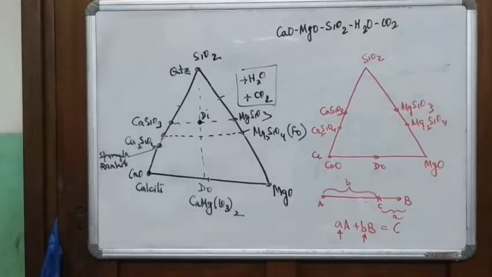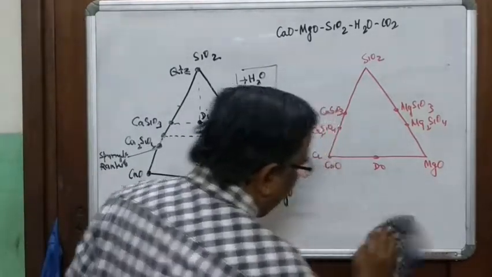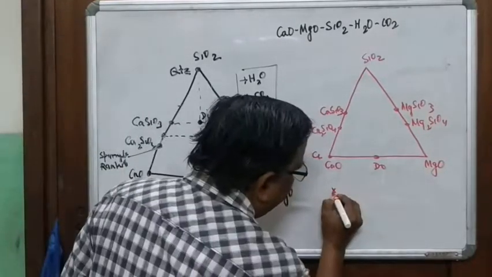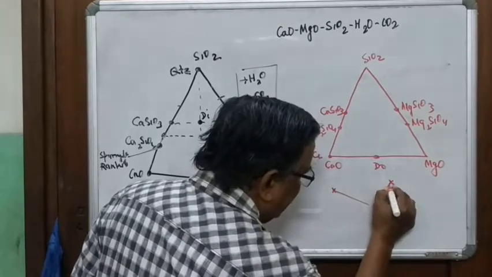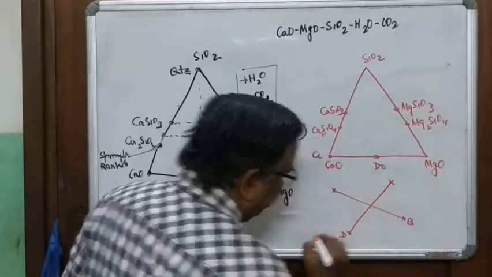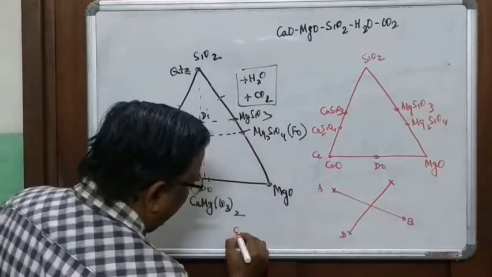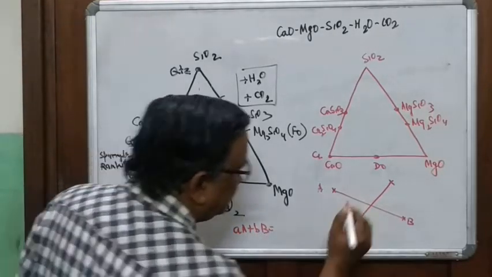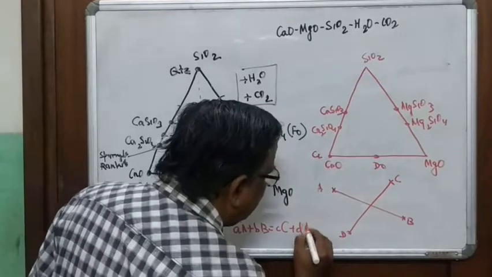So this is one way of doing it. It is also possible, say for example, to have a line A-B and a line C-D. Then it will be possible for you to write aA plus bB is equal to cC plus dD.